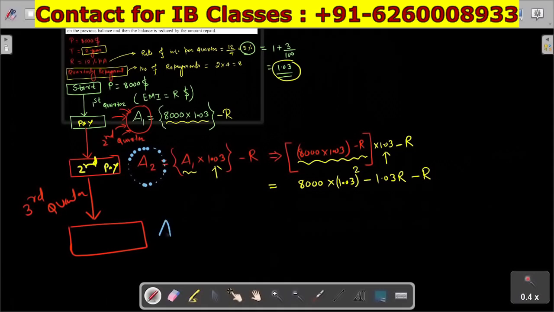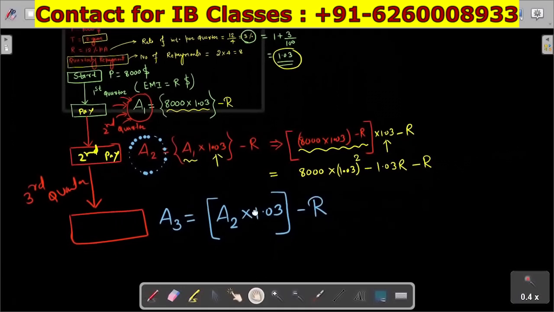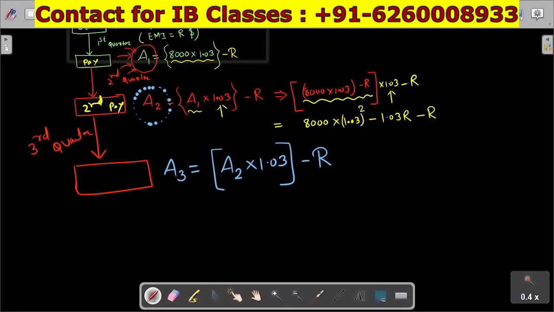First of all, the total due should be A2 times 1.03. This is the total due amount, but I will pay R dollars as well. So this will be the total due amount after the payment of the third quarter installment.